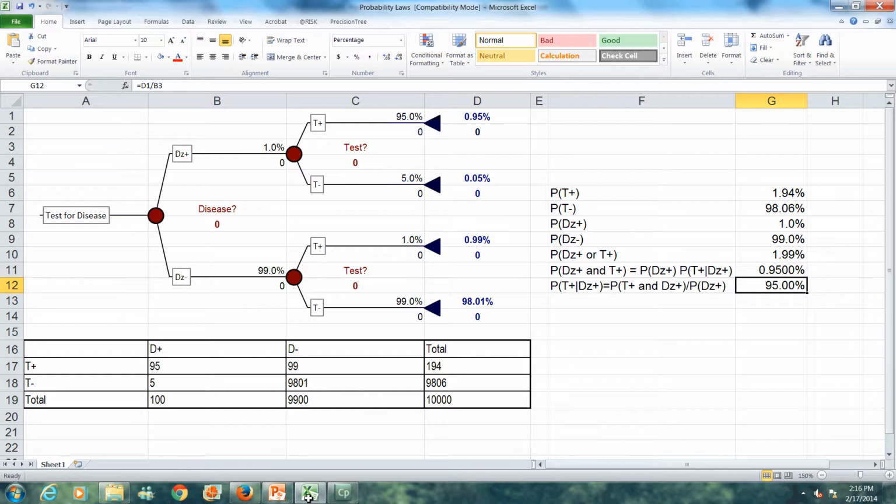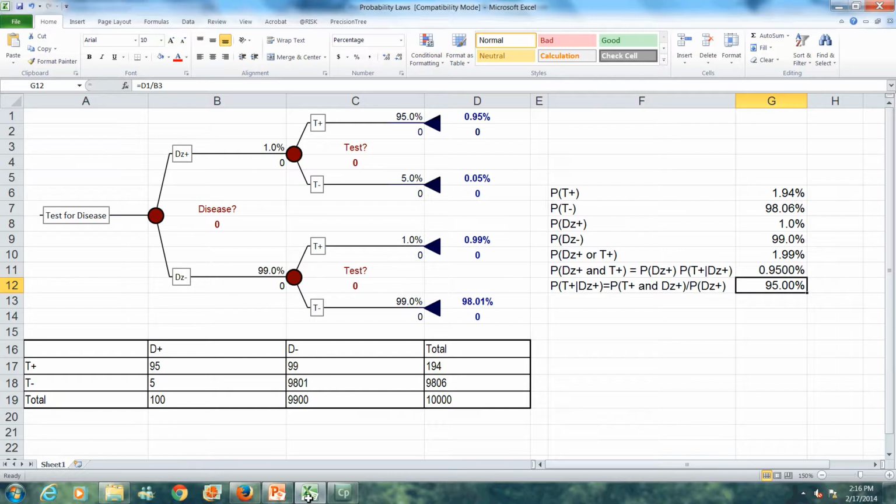Moving over into column C now, we have the next event, and that is how the test turns out. So moving off the top branch, disease positive, we look here and we see test positive.